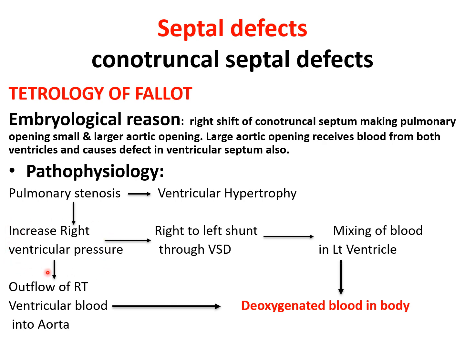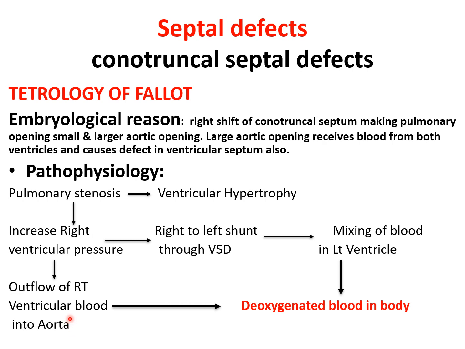So now the pressure is increased, it will push the blood through other openings, because we already know that there is overriding of aorta, so the blood will be pushed through aorta also.